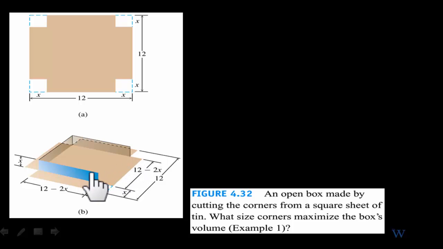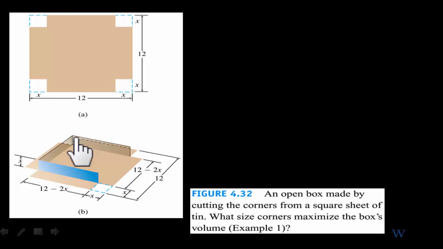So once you've folded up the box, after you've cut the corners, notice that this is now the length, which is the same as the width, would be 12 minus 2x, because there's one x and another x on both sides. So this length from here to here would be 12 minus 2x. Same thing there. And then when you fold everything up, you create an open box.